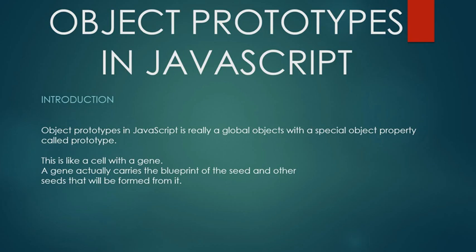A gene in a cell carries the blueprint and everything about the seed of a cell. In such a way, objects are the same thing in JavaScript. Objects are like the cell and prototypes are like the gene. In every object, there's a prototype, just as in every cell, there's a gene.